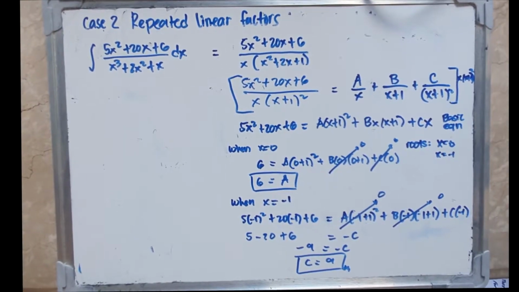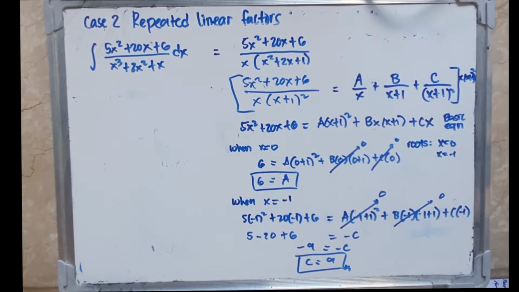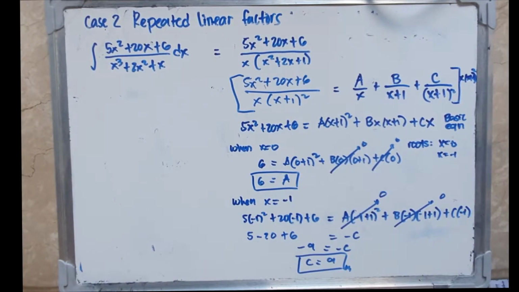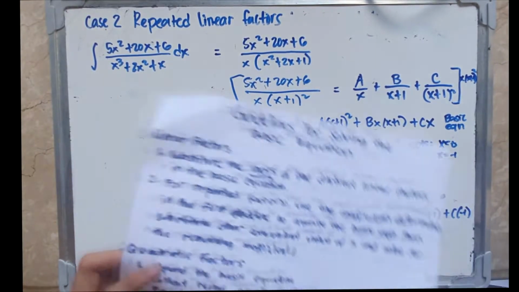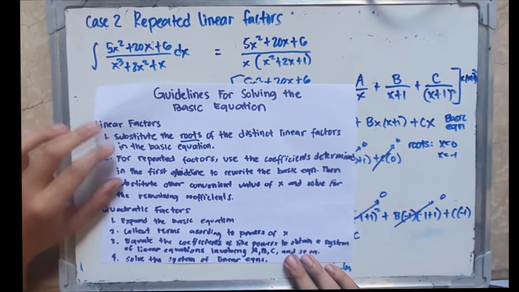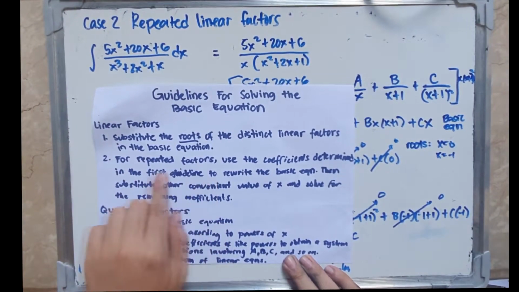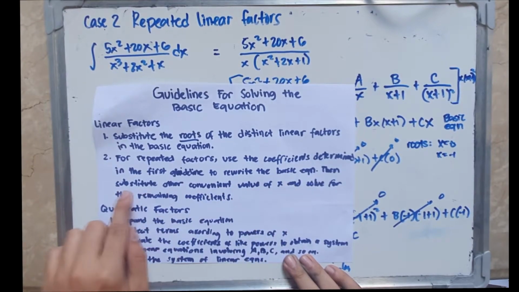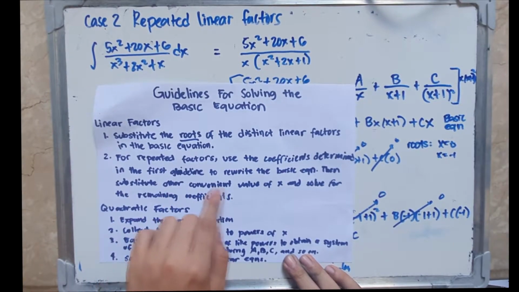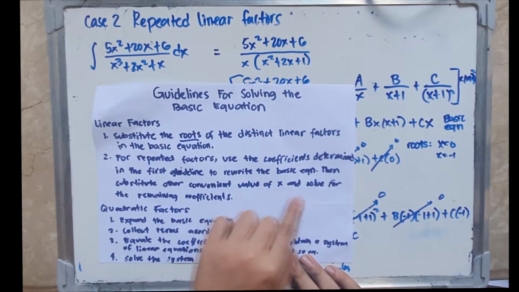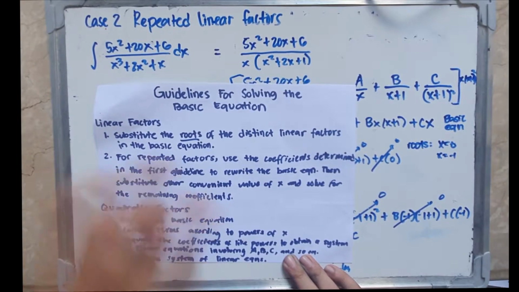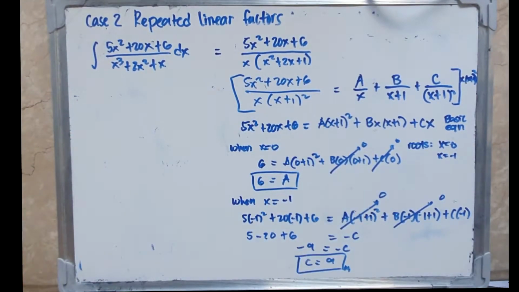Okay. So now that we have the values of A and C, let's go back to the guidelines. Substitute the other convenient value of x and solve for the remaining value of the coefficient. What is the unknown coefficient?